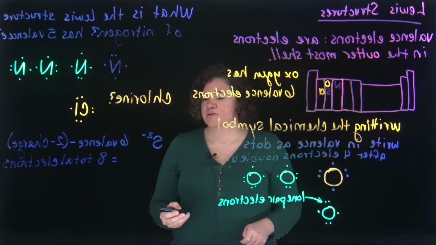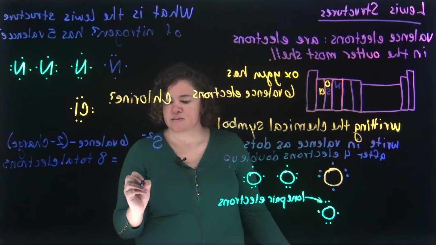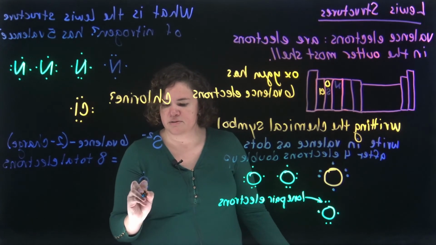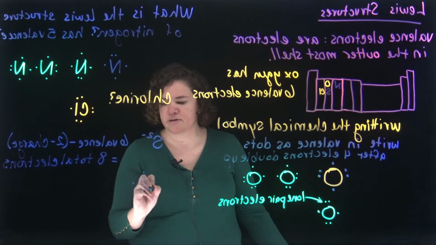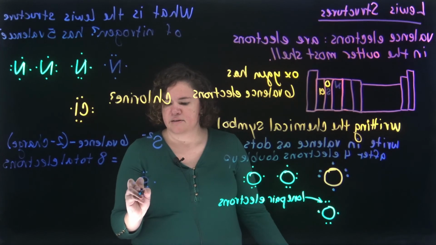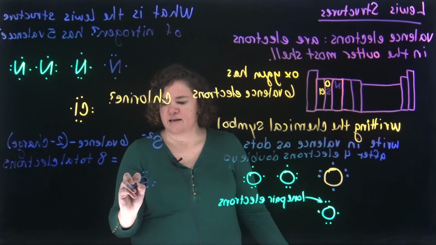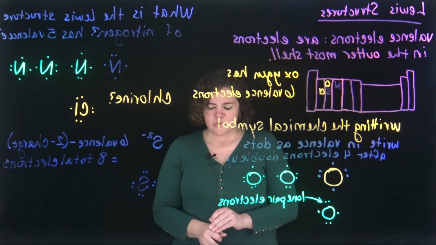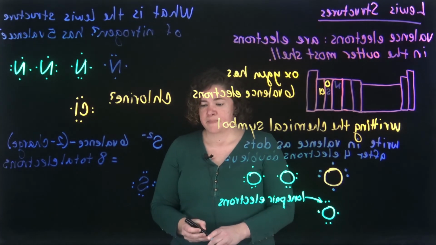So the Lewis structure for sulfur 2 minus would be the S in the middle, 1, 2, 3, 4, 5, 6, 7, 8 electrons. And this brings me to the octet rule.